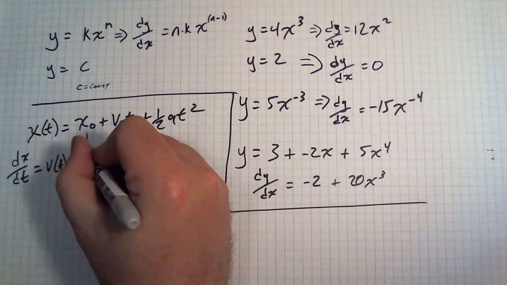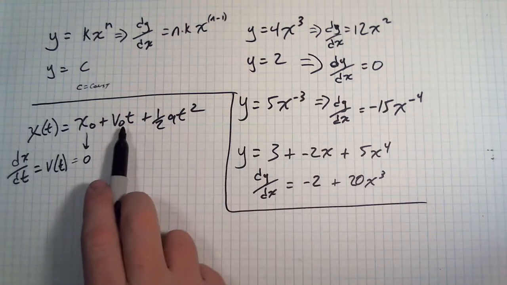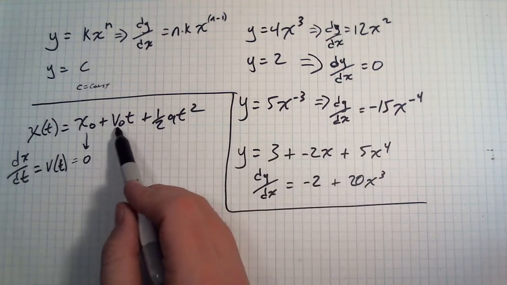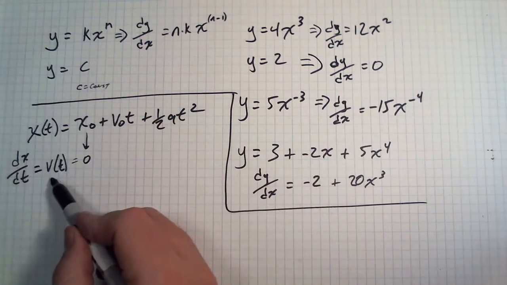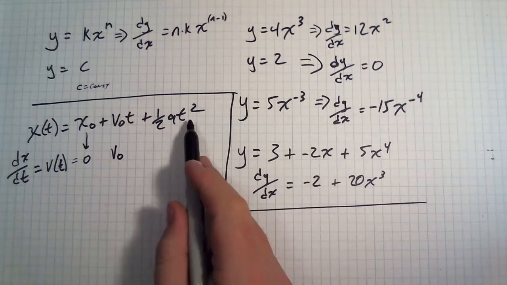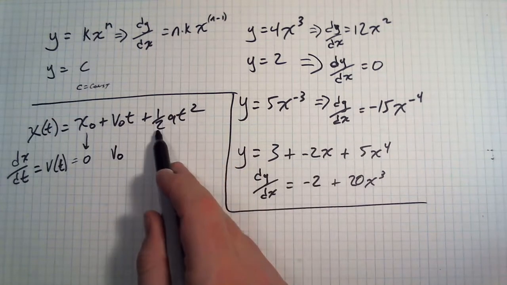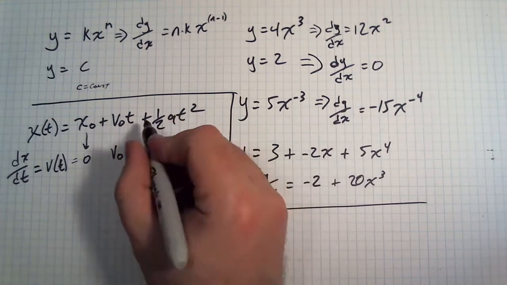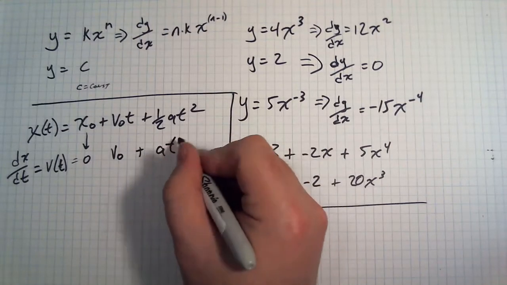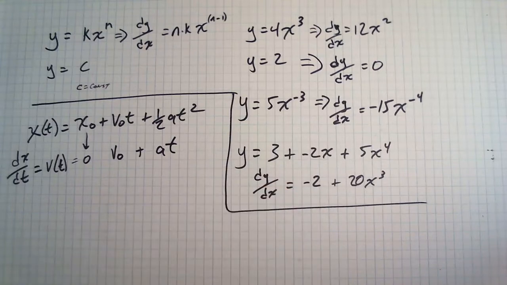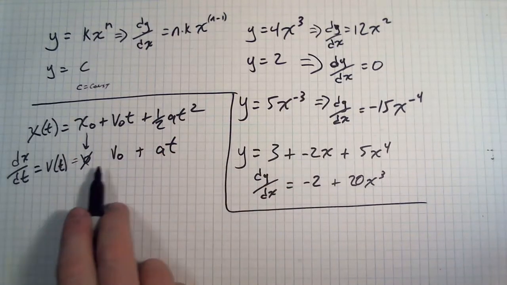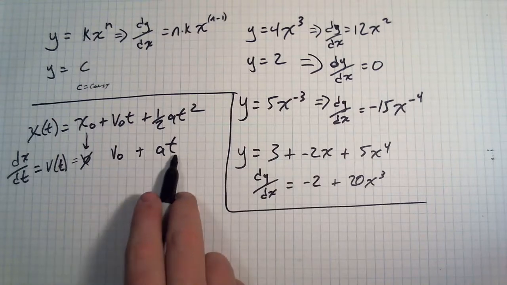So this goes to 0. Now here, just like I had over here, minus 2x, I've got v naught times t. So v is a function of t. I get v naught. And then here you bring the 2 down. And the 2 and the 1/2 cancel out. And we get a t to the 2 minus 1, or just that. So this cancels out. That goes away. And so v is just v naught plus at.